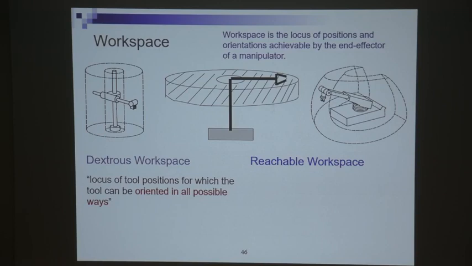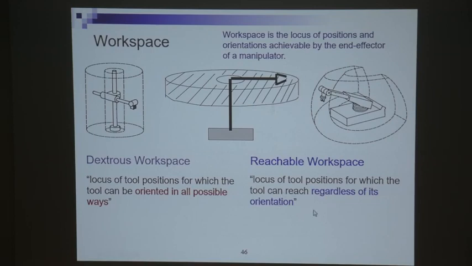So this would be a dexterous workspace. A reachable workspace means that I can reach the point regardless of its orientation. Even if I only have one way of reaching that point, it is considered a reachable workspace.